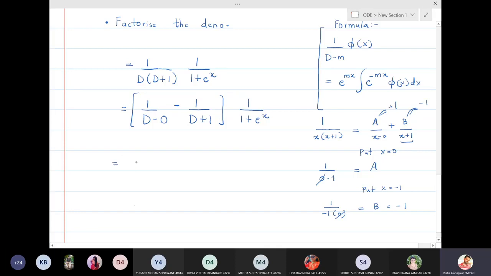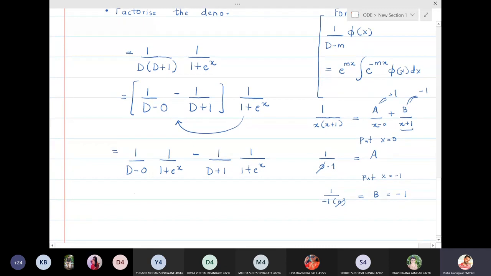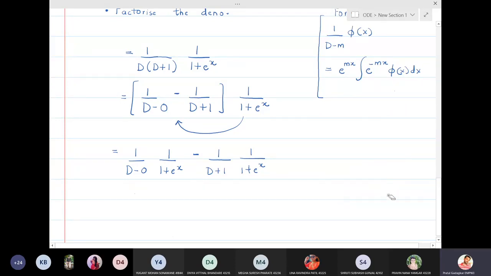Which is 1 upon D minus 0, 1 upon 1 plus e raised to x, minus 1 upon D plus 1, 1 upon 1 plus e raised to x. Okay, so I'm erasing the partial fraction trick. And now how am I going to solve these two independent components?